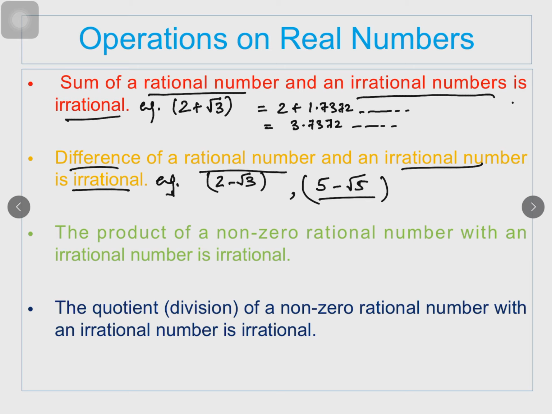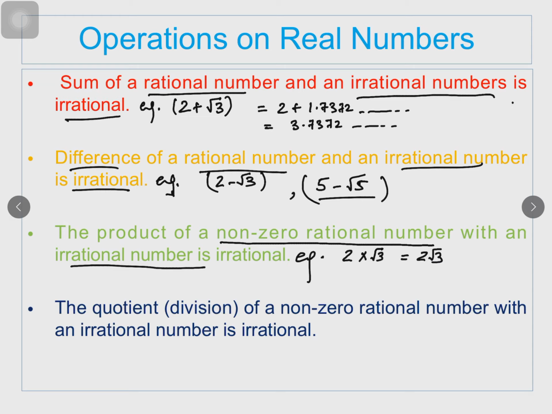Okay. Next we have the product of a non-zero rational number with an irrational number is irrational. For example, if you find the product of a non-zero rational number, let's say 2, multiplied by root 3, so 2 into root 3 will be 2 root 3, which is an irrational number.